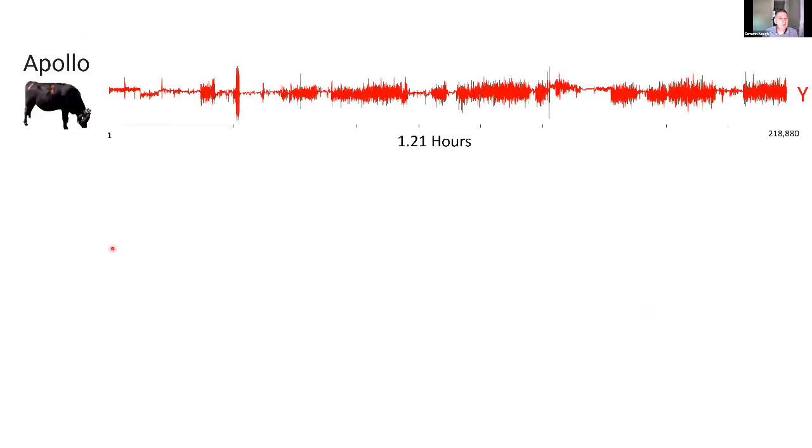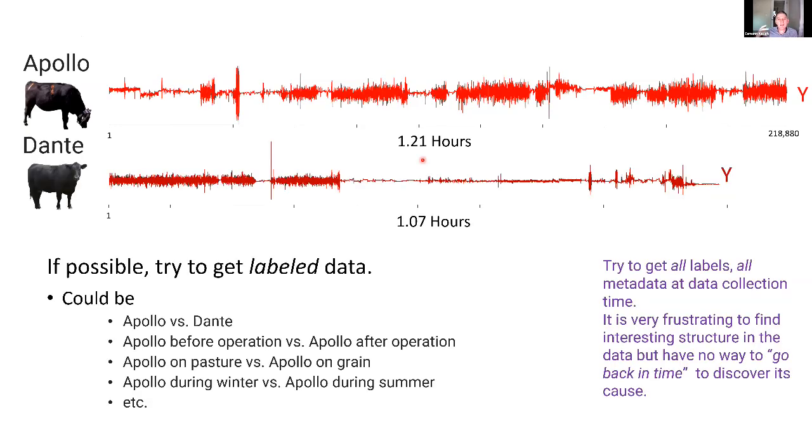So here we have our friend Apollo. He's given us about 1.2 hours of time series data. Now let's begin to play with it. Just one piece of advice: when you're going to get this data, try to get as much labeling about the data as possible when you record it. So for example, here we have the label of some data from Dante, some data from Apollo.